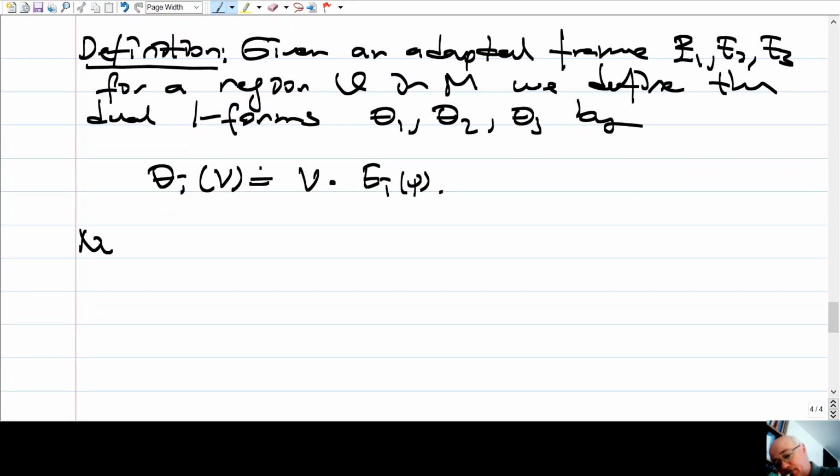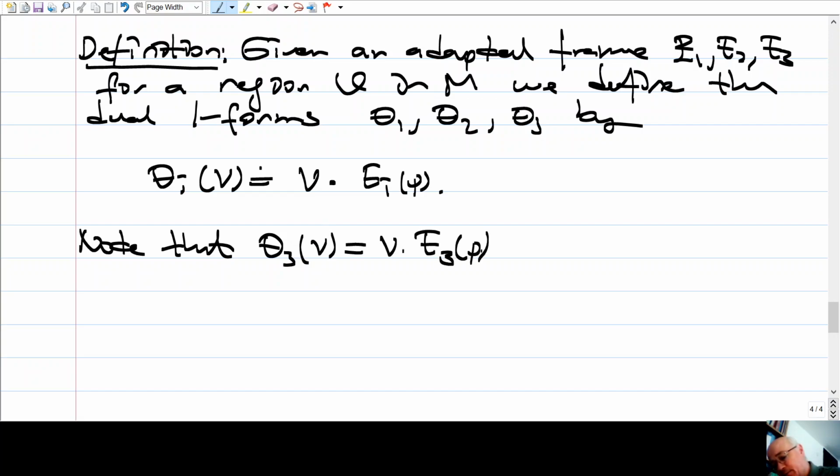Note that this form here is just v dot e3 at p, and this is normal, therefore this is 0 for all vectors in the tangent plane.